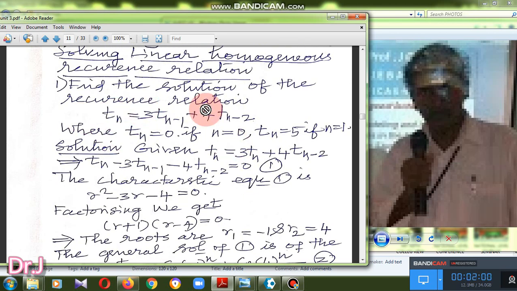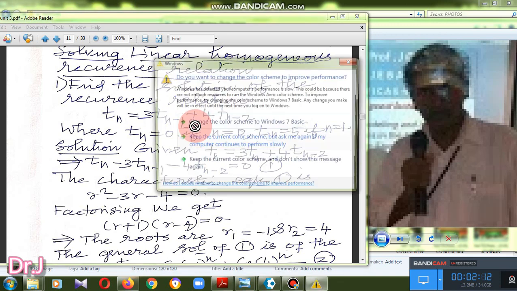Now, the given equation is Tn equals 3Tn-1 plus 4Tn-2. Some small mistakes, that's all. Now bring everything to this side.